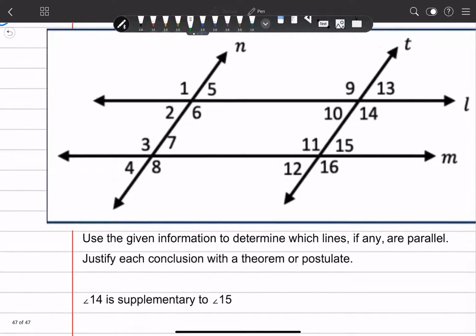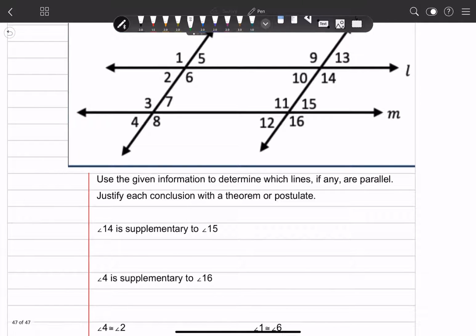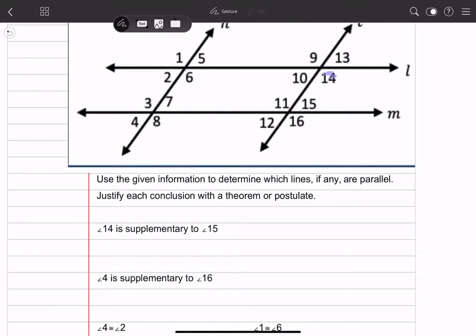All right, we are going to use this diagram to help us answer these questions. Pretty much, we're going to be given information and we need to prove if the lines are parallel from that information, and if so, why. All right, angle 14 is supplementary to angle 15. So let's look at it, angle 14 and angle 15.